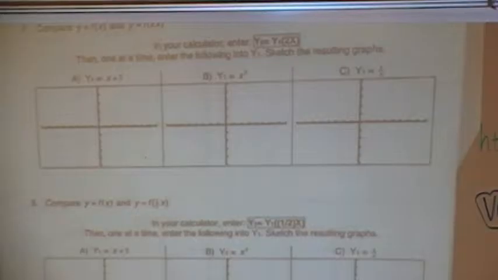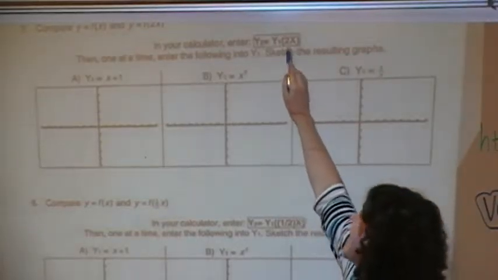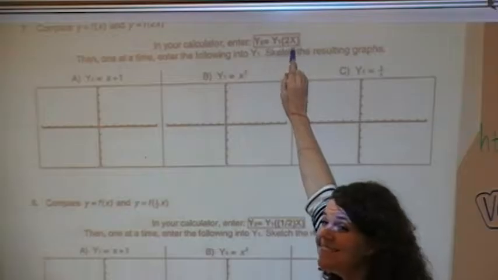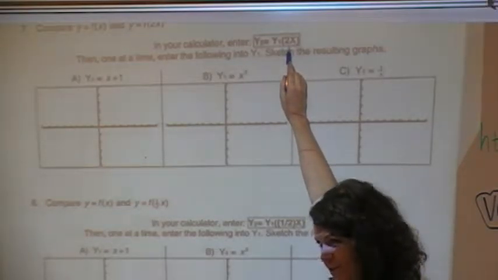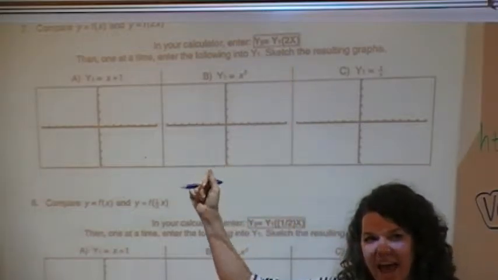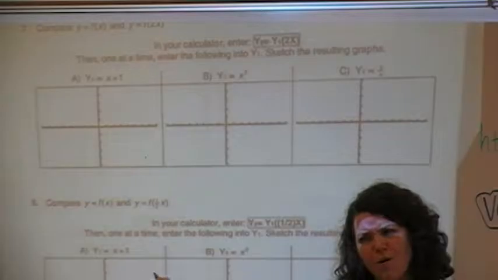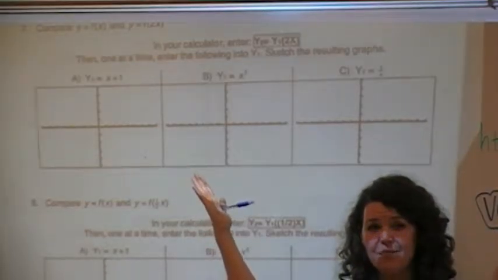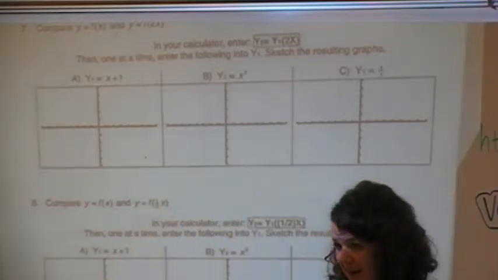Okay, so it looks narrower. But this is a horizontal situation. I know it's a horizontal situation because that 2 is inside the house with the x. So it's a horizontal situation. So what would be happening horizontally to make something look like that?